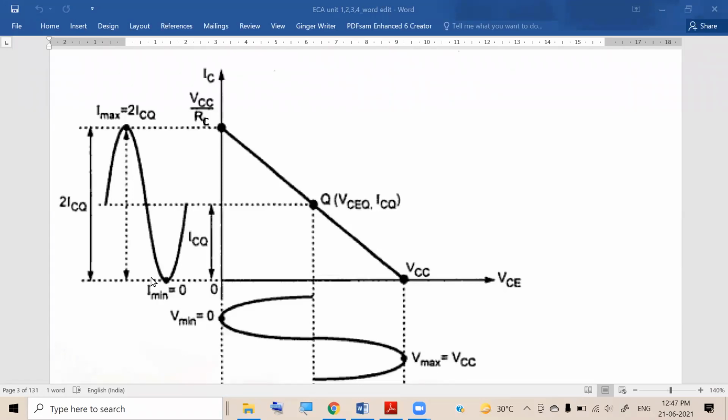Okay, so here again a few more terms. What do you mean by peak to peak value? Now see this circuit, this diagram, this graph, and tell me what is the peak to peak IC current value, how much is that? Peak to peak, again an important term.